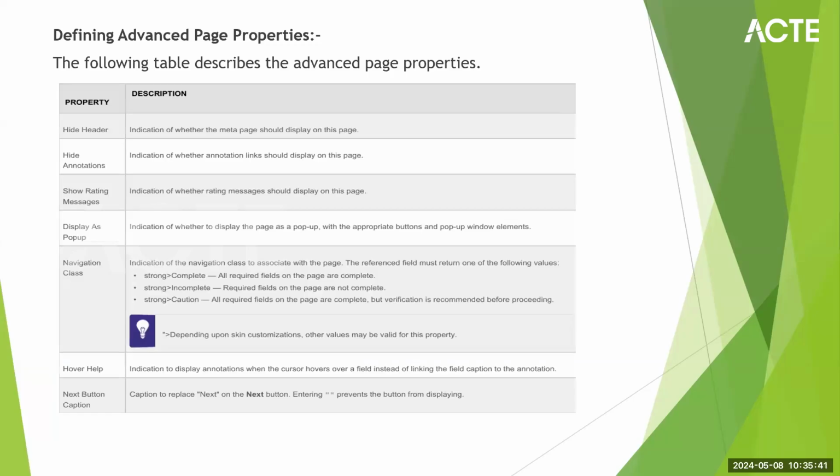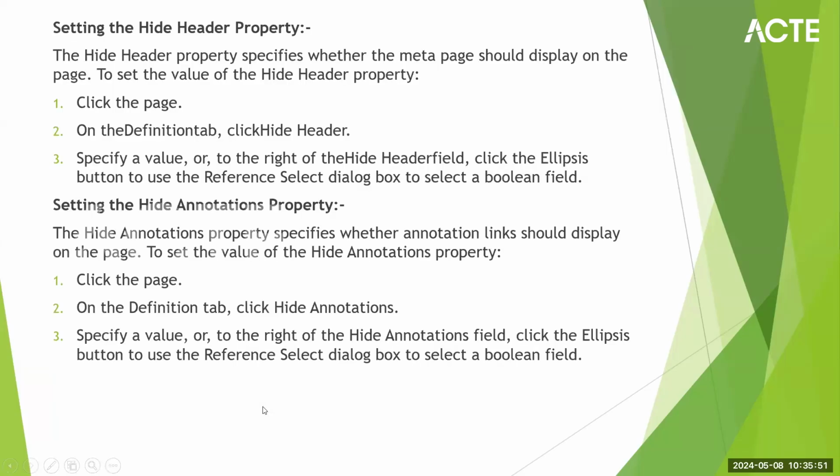Defining advanced page properties. These are some of the page properties which are available, not normal but advanced page properties. Setting the hide header property. Suppose you don't want to display the header for a particular page, you want to hide it only at a particular time. So how do you set the condition?